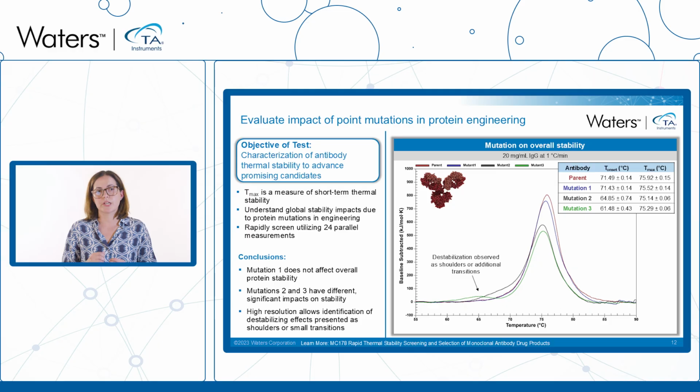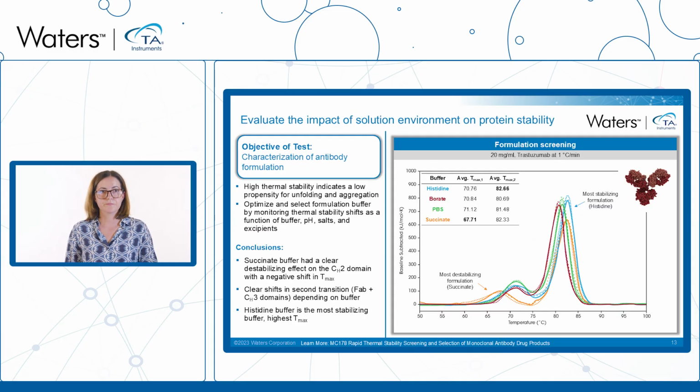In the case of mutation 3, you can see that it causes significant destabilization of the CH2 domain, as you've seen here by the presence of an additional unfolding peak with a Tmax 1 of about 65 Celsius. So with DSC, we can compare the structural stability of the protein with different sequence modifications and select the most promising ones to move forward in the development process.